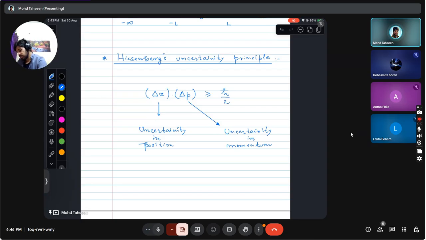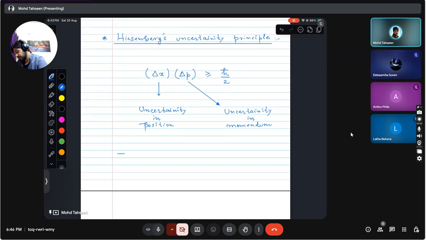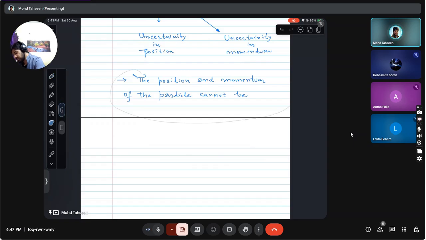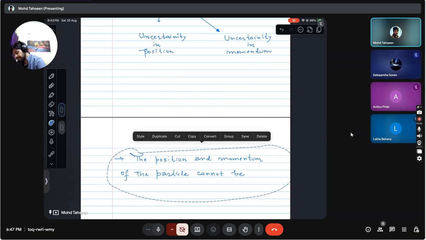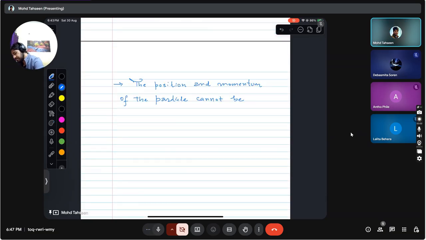Now, the statement says what Lalita said, that the position and momentum of the particle, this applies to basically any particle, cannot be calculated at the same time.